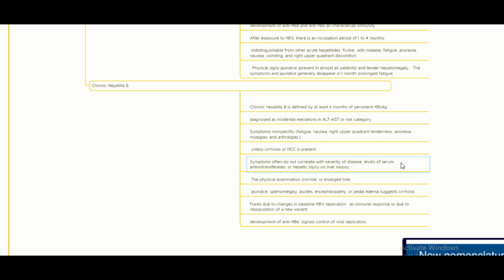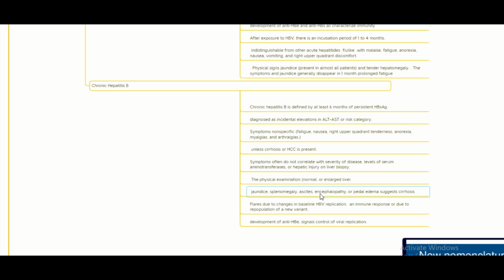When the patient has jaundice or decompensated chronic hepatitis B, we will find splenomegaly, ascites, encephalopathy, and pedal edema. All of these are suggestive of cirrhosis and will indicate further tests and evaluation.